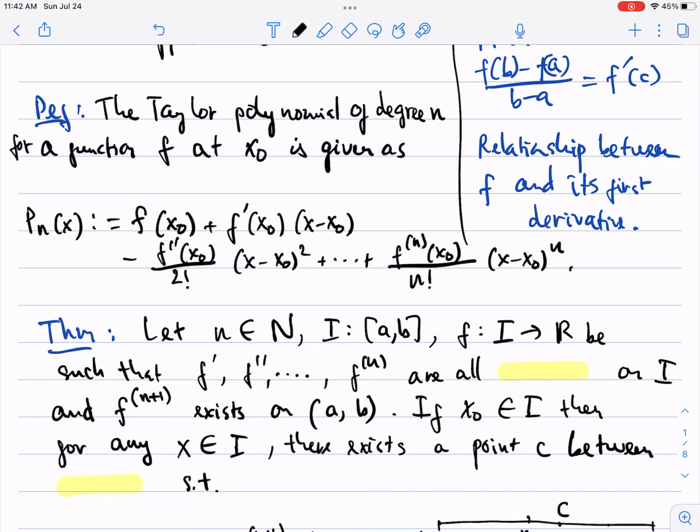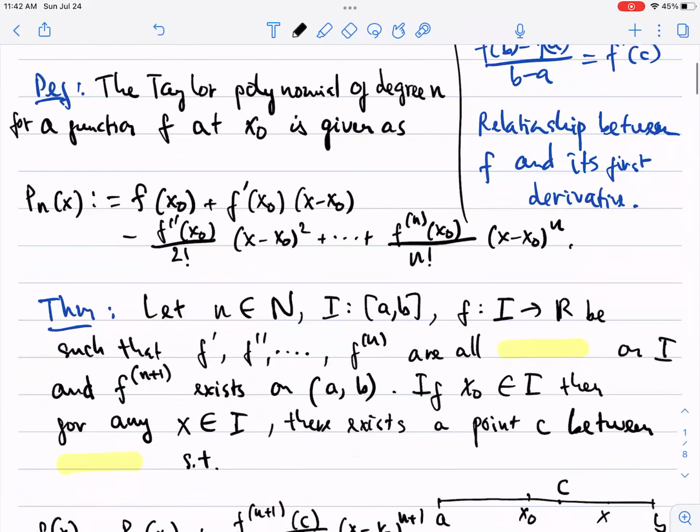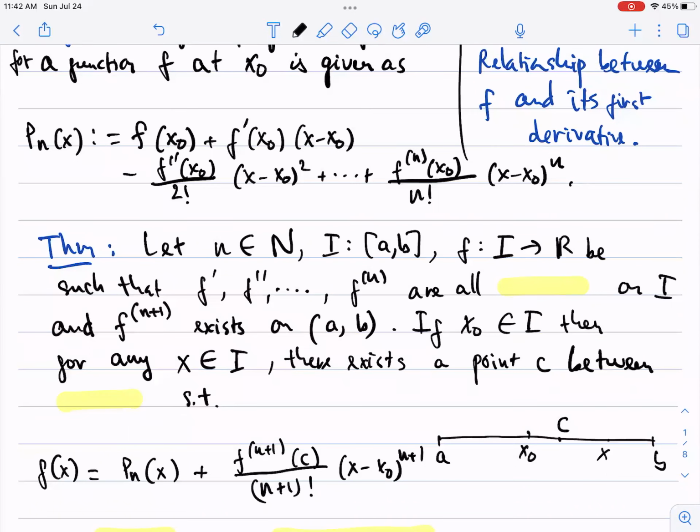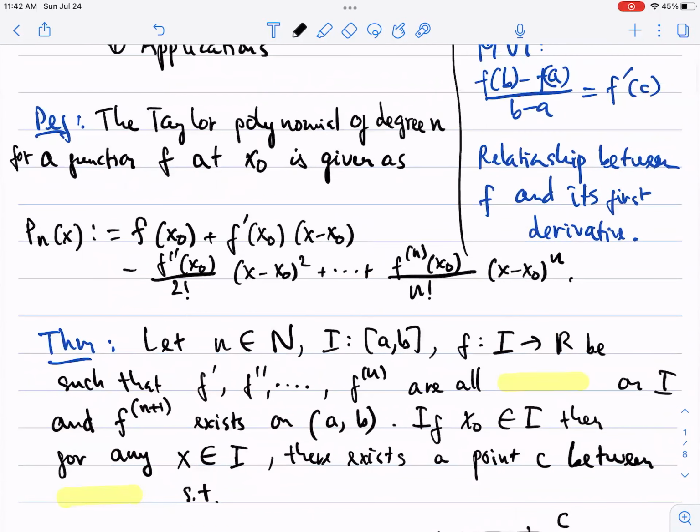Then the next term is f double prime of x0 divided by 2 factorial and multiplied with (x minus x0) squared. So this is related to the second derivative of the function. In a similar way, we can identify the nth term in this nth Taylor polynomial, which is the nth derivative of the function f evaluated at x0 divided by n factorial and multiplied with (x minus x0) to the n.